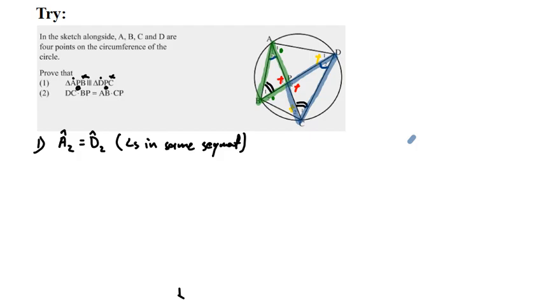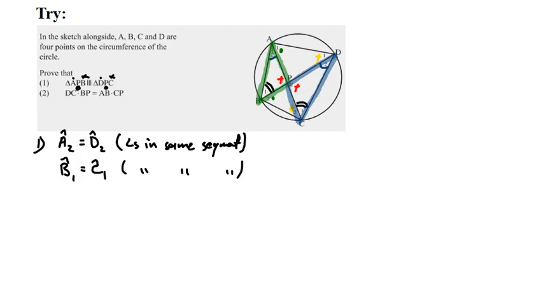And then another pair is angle B1, and this one is equal to angle C1, for the same reason. I will be a bit lazy and write that. But please, you are not authorized to do that. You must write your arguments in full.